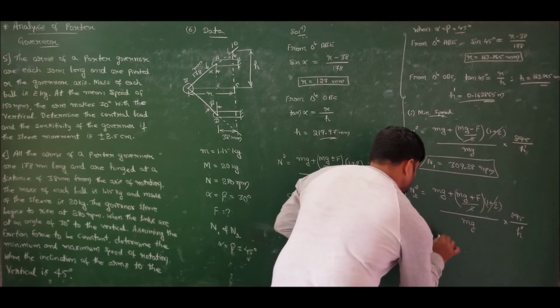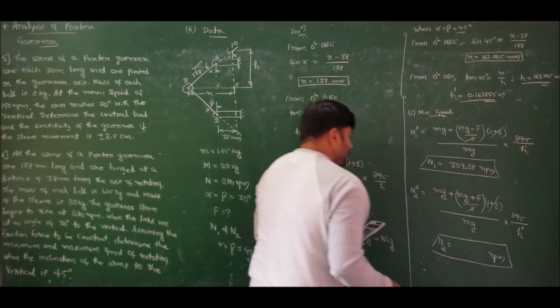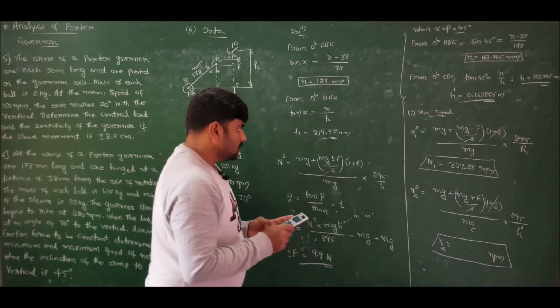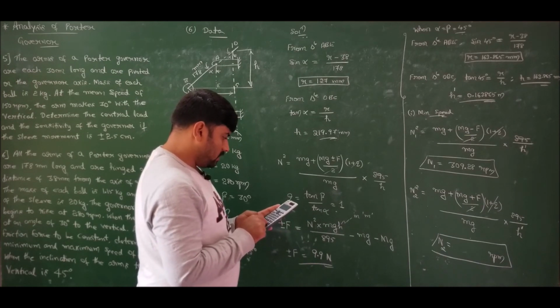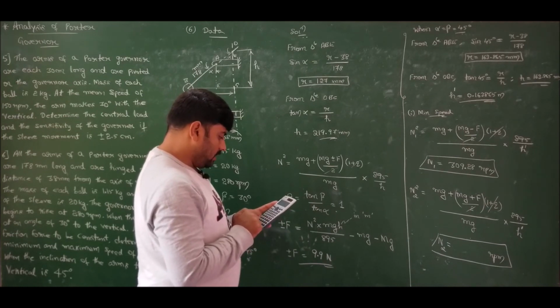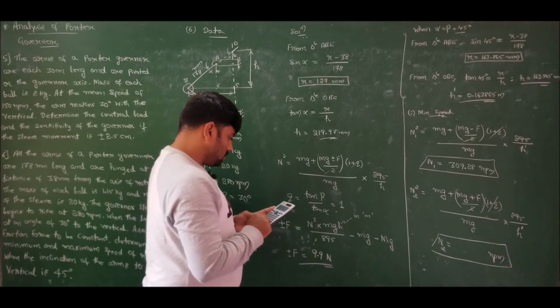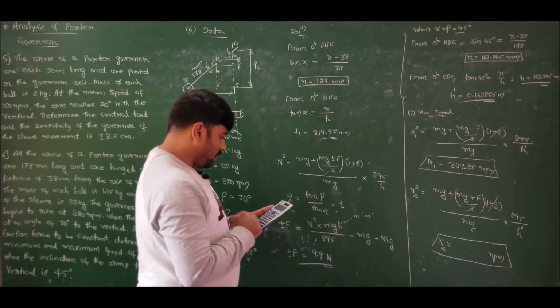Hence N2 for this problem is mg, 1.15 into 9.81, plus capital MG, 20 into 9.81, plus 9.9, divided by 1.15 into 9.81.